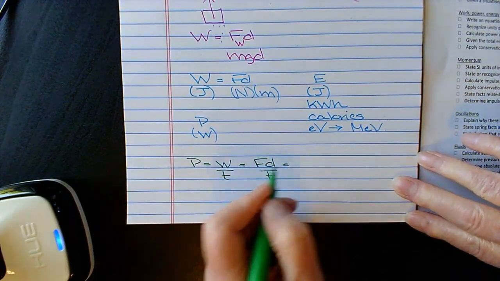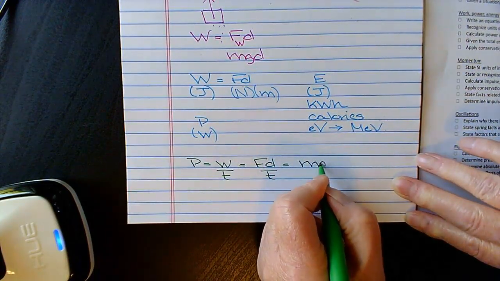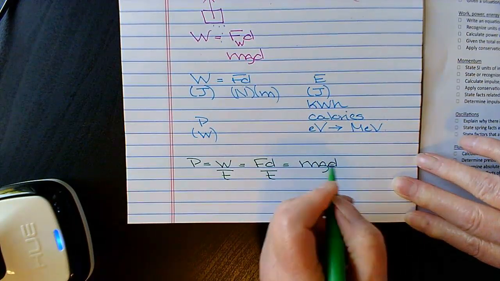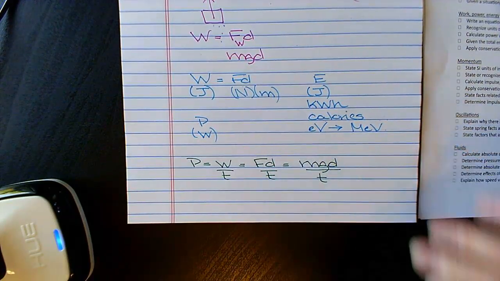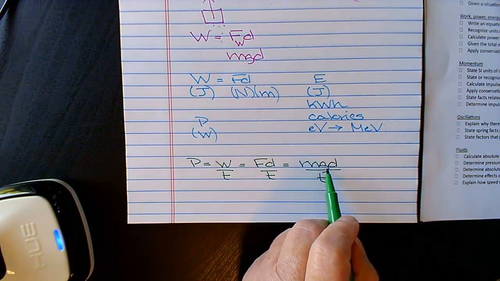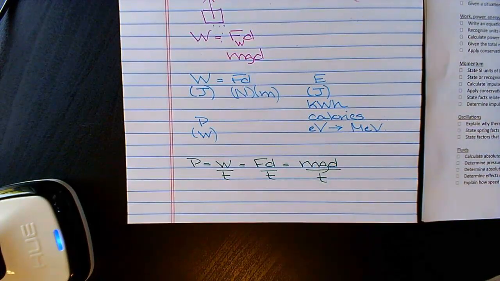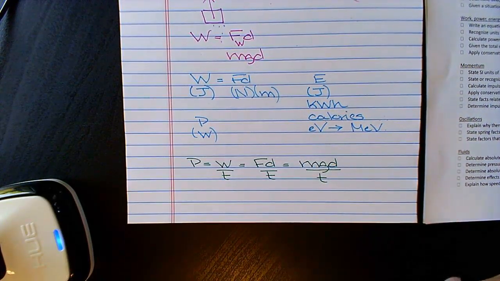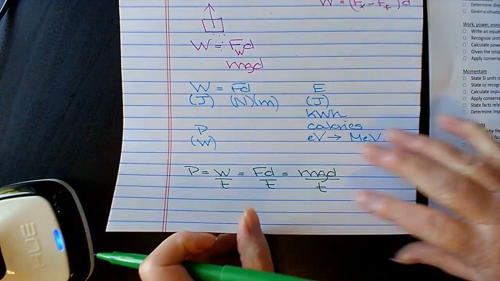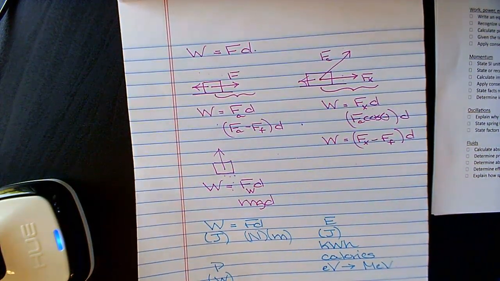And if I'm lifting something, that F is going to be mg times D over time. So if I plug in the mass times 9.8, the height that I lifted divided by time, that's going to give me the power.